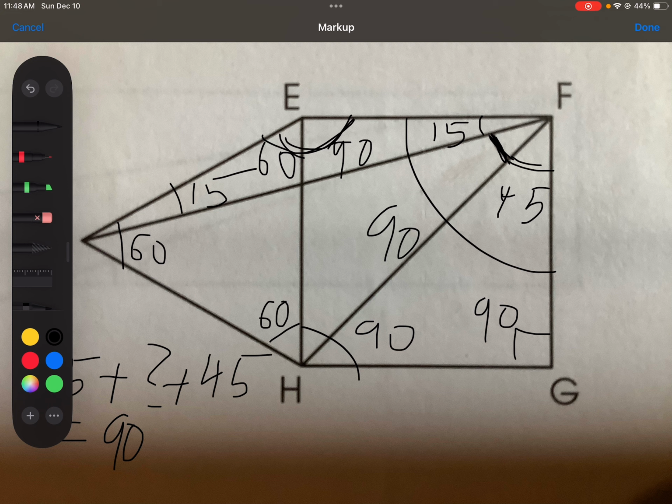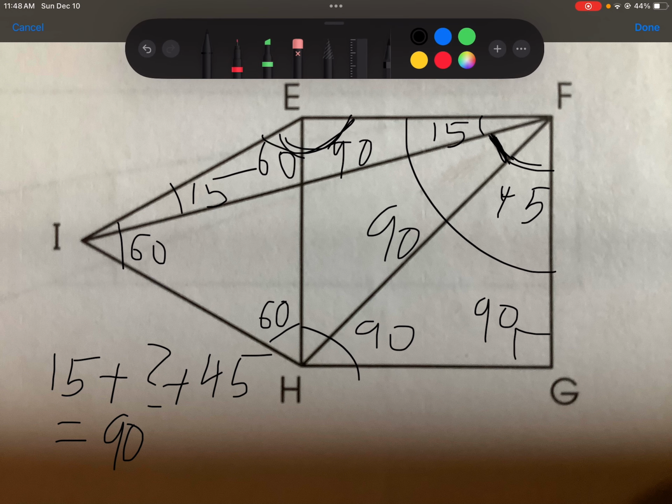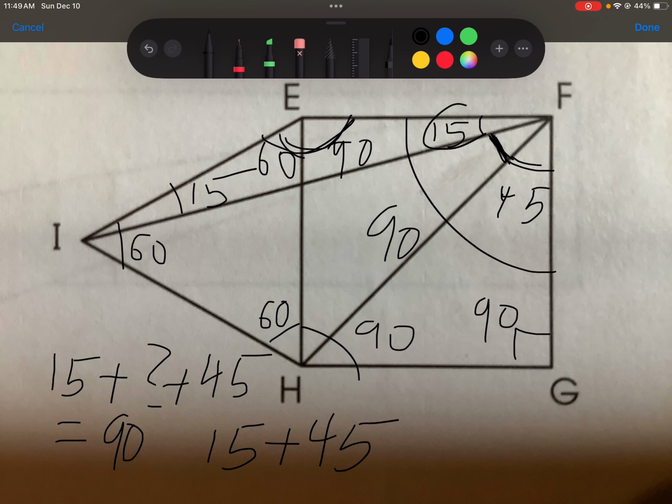Okay, so we know that now, so that means the 15 degrees right there plus 45 degrees, right here and here, equals 60 degrees.